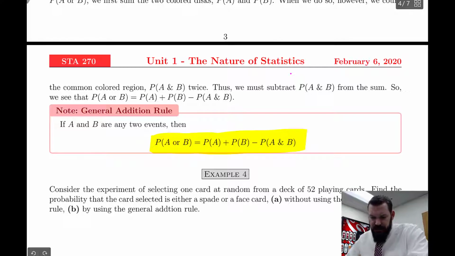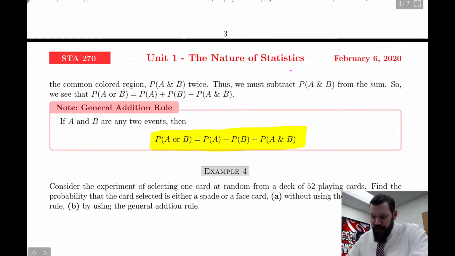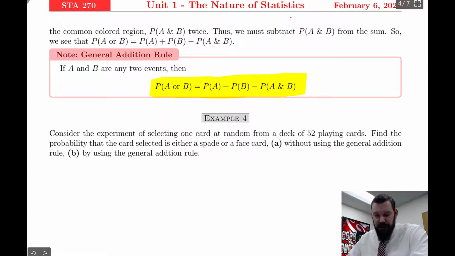Consider the experiment of selecting 1 card at random from a deck of 52 playing cards. Find the probability that the card selected is either a spade or a face card. There are 13 spades, and there are 12 face cards.